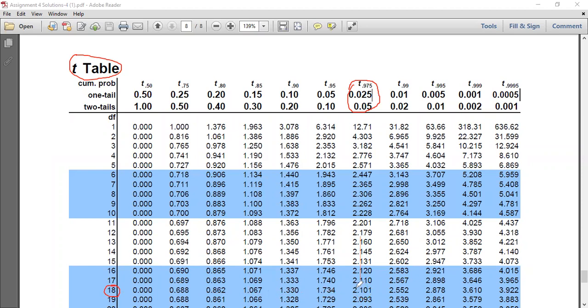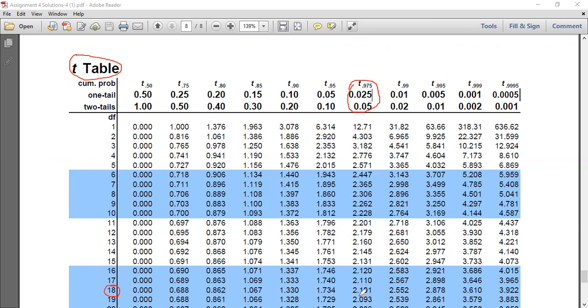The top part is 0.025, and this side is 18, and they are meeting here, 2.101.